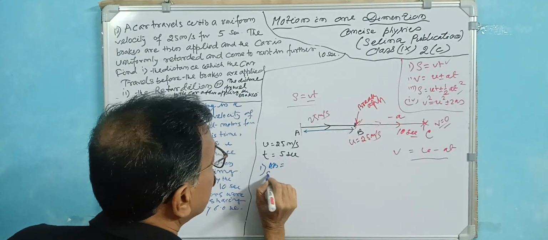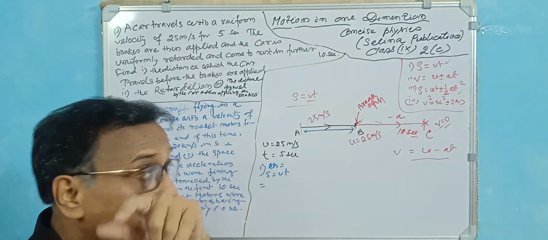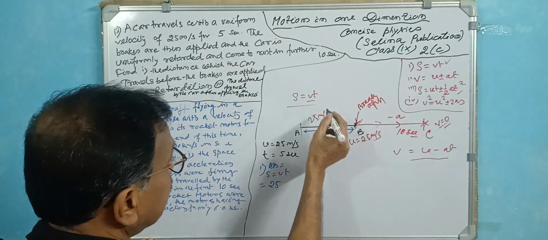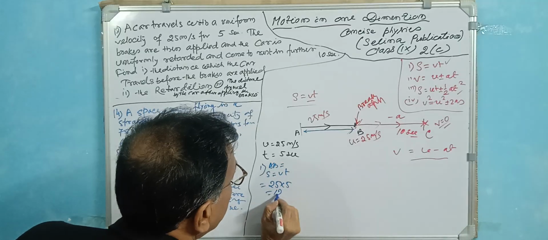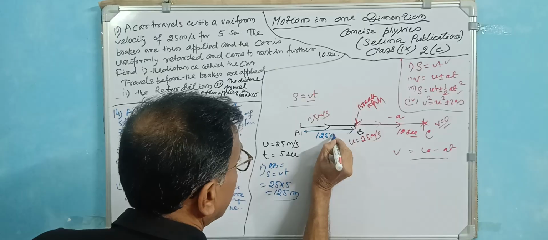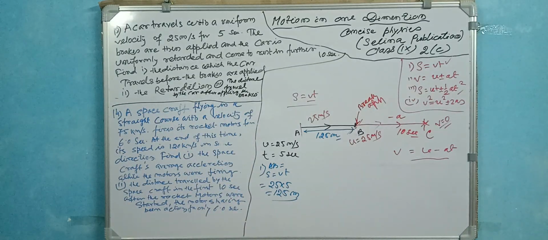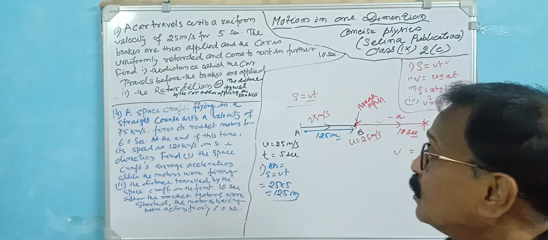There is no acceleration, so S is equal to Vt. Just put in the values, and always remember the units: 25 meter per second and 5 seconds. So 25 into 5 is 125 meter. That means this distance is 125 meter. Is it clear to you? Question number 1 is complete because there is no acceleration.